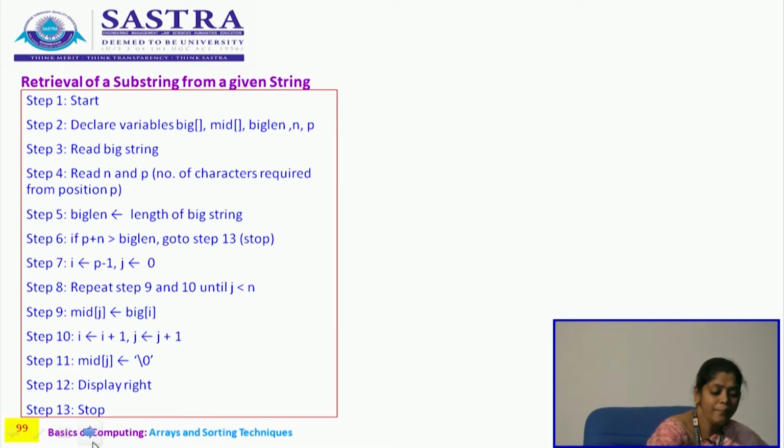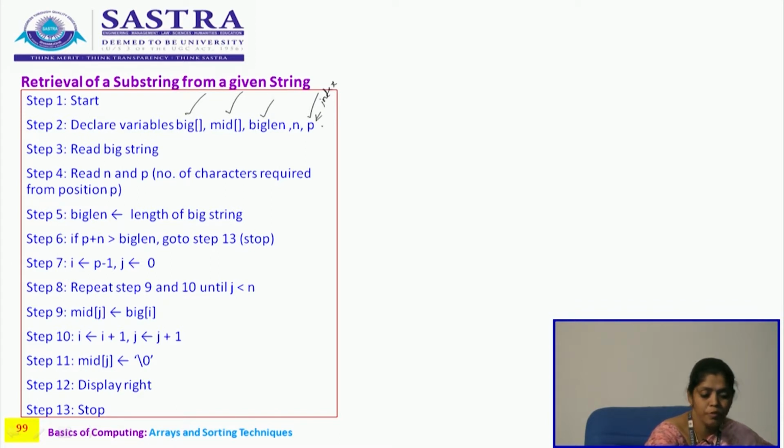Here we have declared the variable to hold the main string, and this is where we are going to store the retrieved string, which can be from anywhere, the middle position, anywhere. And the length of the big string as usual, and the position from where. Here p represents exactly the position, and the index is actually p minus 1.